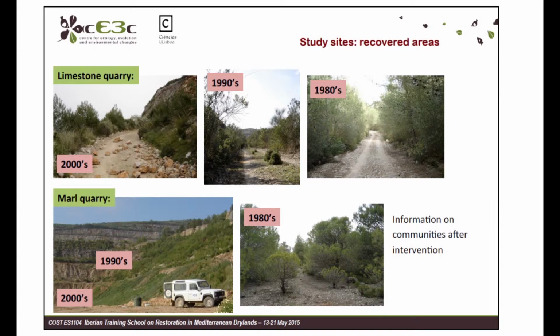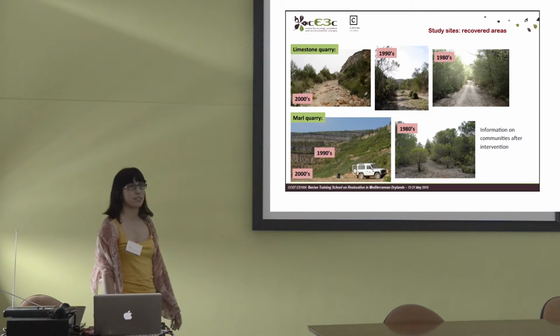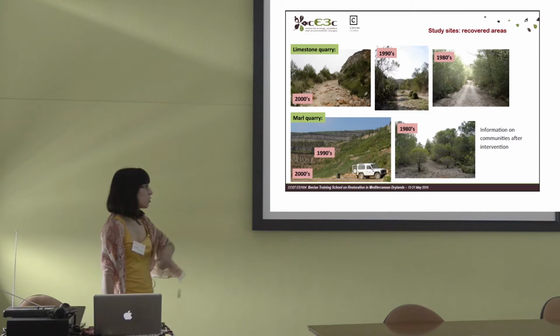In this area that was older, they also have platforms, and they did the restoration the same way as in the limestone, but here you can see that they have slopes, older slopes with shrubs and trees, and younger slopes that already have shrubs too, but they are really small. Well, these areas are important because they give us information about communities after intervention.